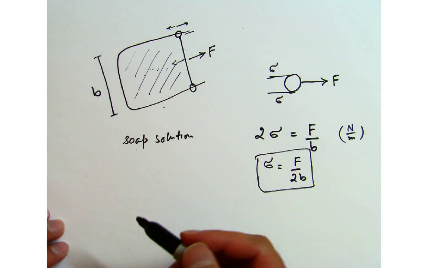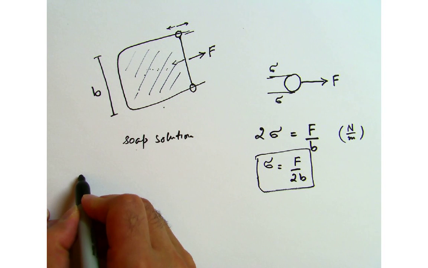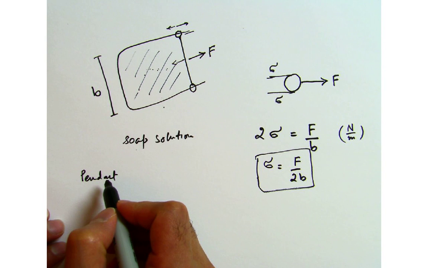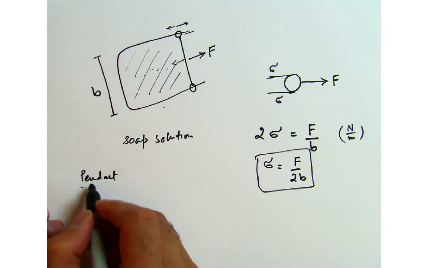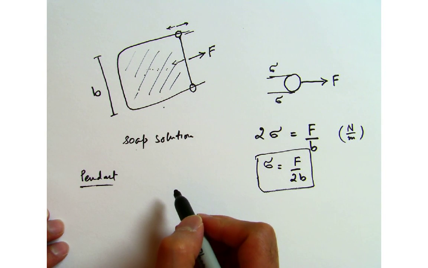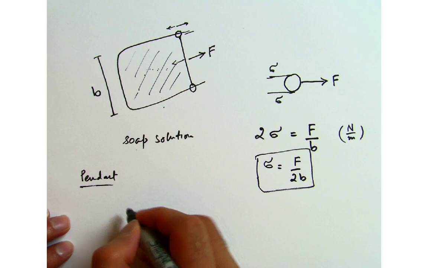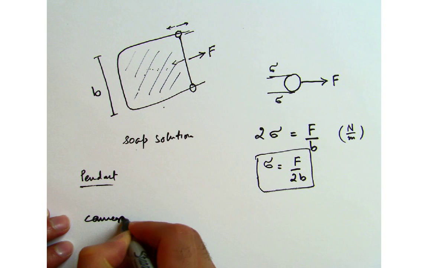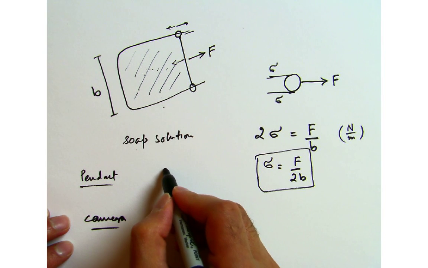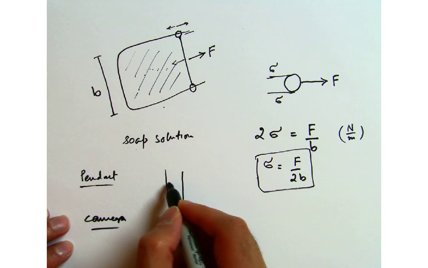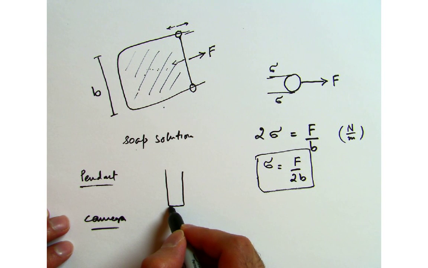Another way, which is a very common experiment that people normally do, is called the pendant drop method. The idea is you actually need a camera. If you have a tube over here, you let the fluid drop fall down because of its own weight, and you take some pictures.